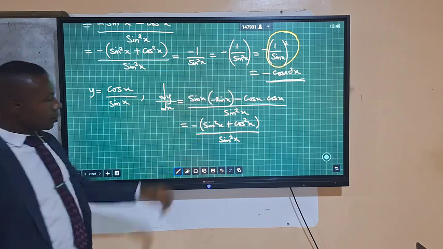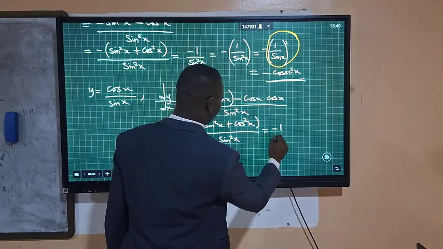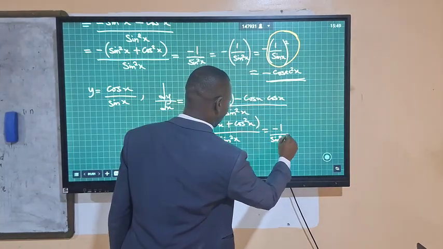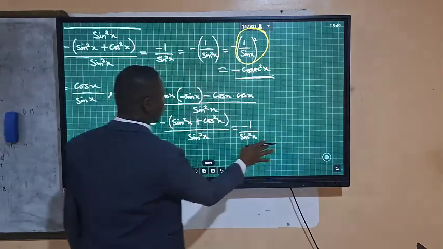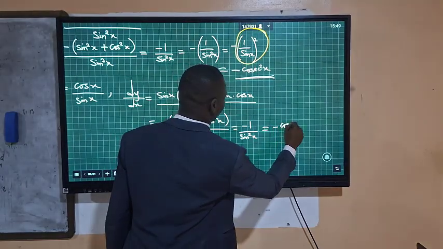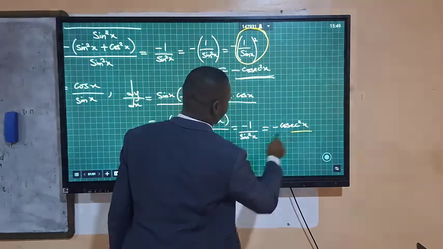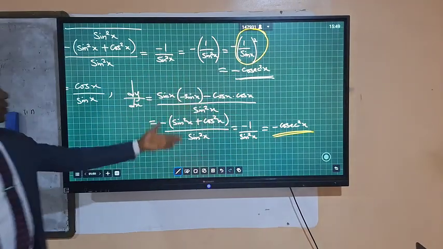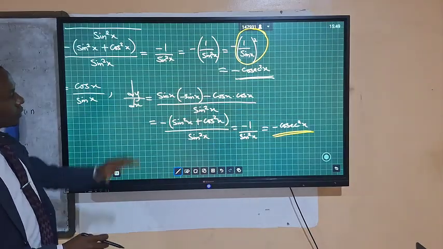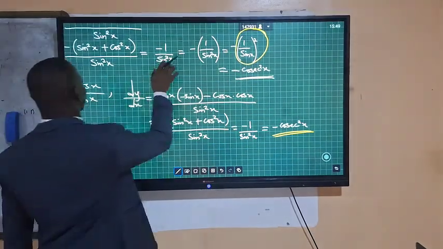Now, this is nothing but minus 1 over sine squared x, which is equal to minus cosec squared x. Can you see? It's shorter, rather than wasting all the time assigning values to functions.